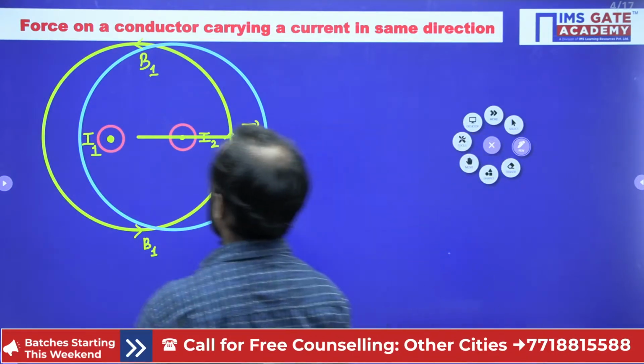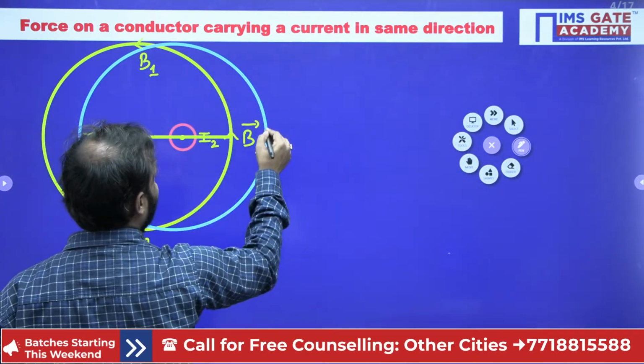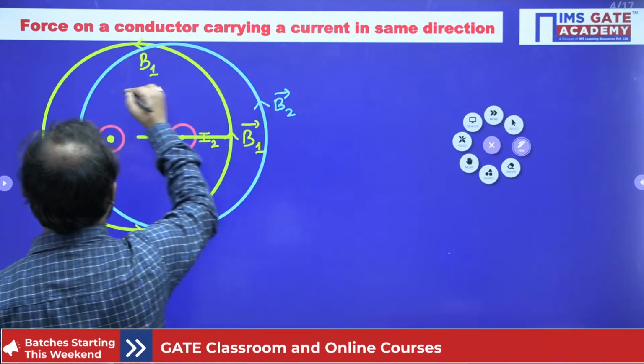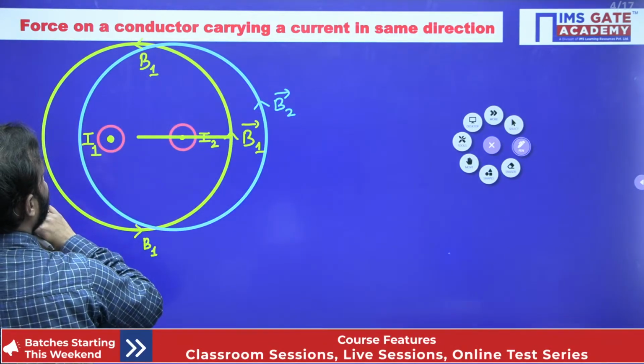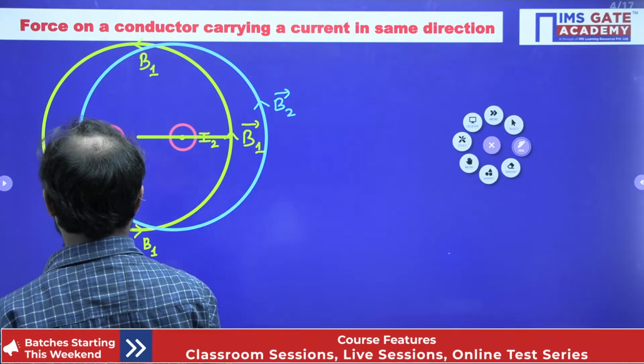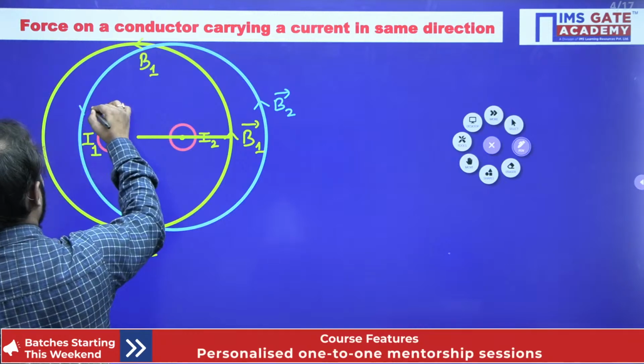So here the direction of the magnetic field is anti-clockwise, which is B2. This is B2.